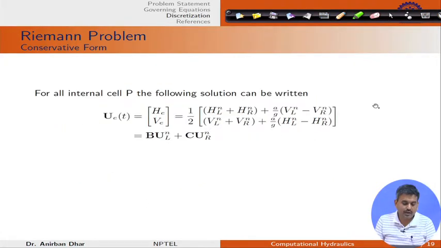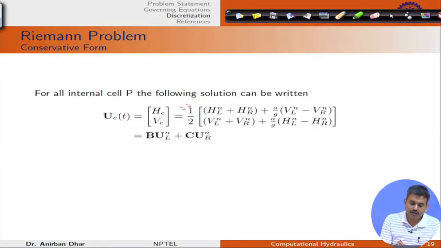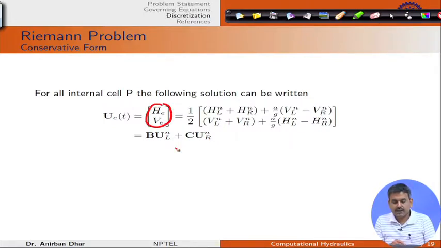Now, for all internal P cells, the following solution can be written. So, this value is directly coming from our Riemann problem. We have HL, HR, whatever value is there on the left side, right side.